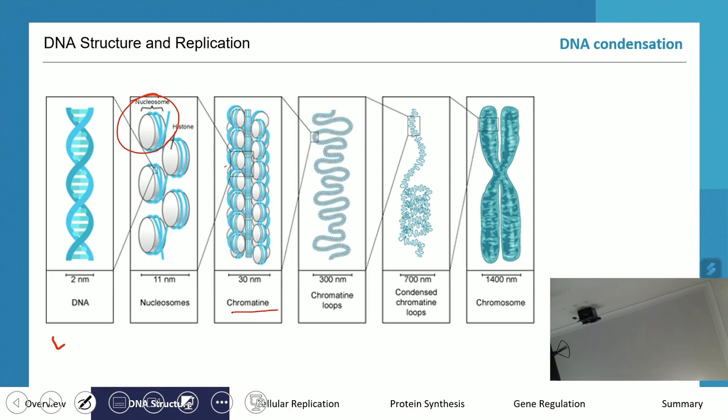Then chromatin will start to condense, so they'll start getting longer into these chromatin loops and squish together, so they become more compact. And once chromatin becomes compact, it turns into a chromosome. Chromosomes have a couple of notable features. First is this center right here that connects the two chromosomes together. This is called a centromere.